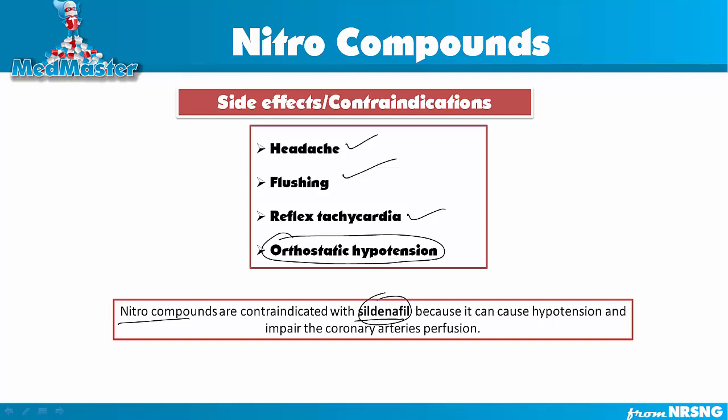It can impair coronary artery perfusion, and can worsen the angina, or it can even cause an MI, myocardial infarction. So nitro compounds and sildenafil are contraindicated. You do not want to give a patient both drugs. So be really careful, and they ask this question very often in NCLEX. So remember that one, and orthostatic hypotension as well.